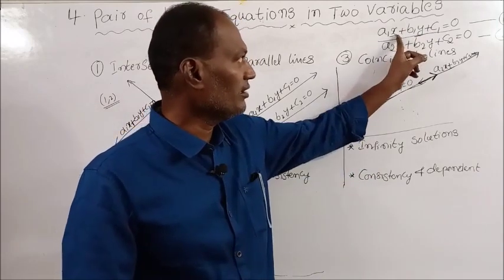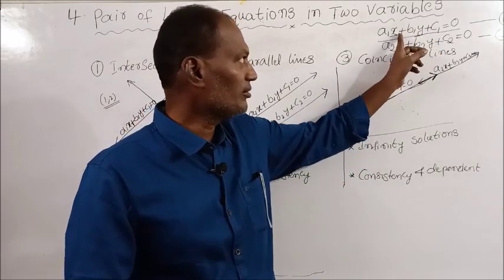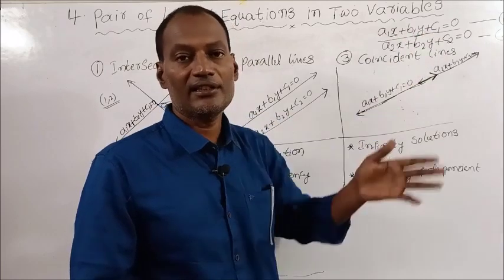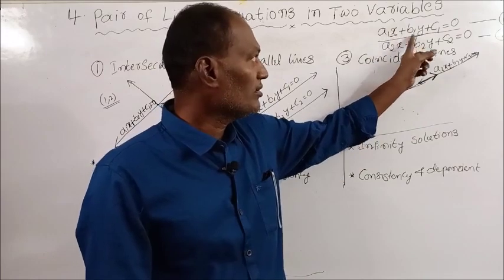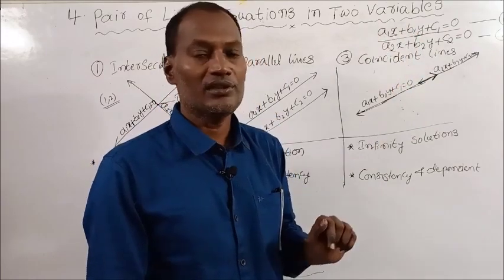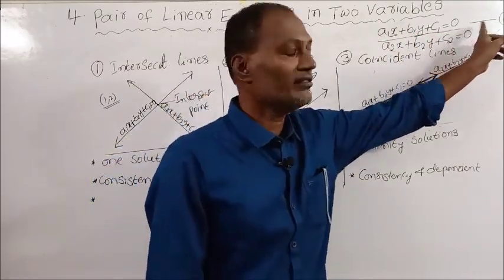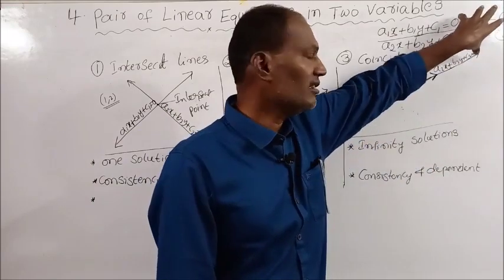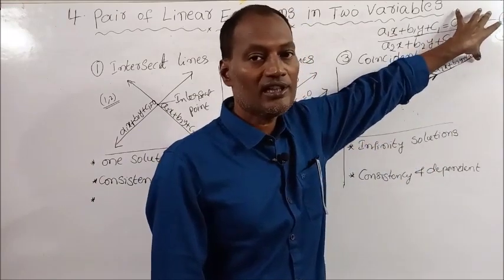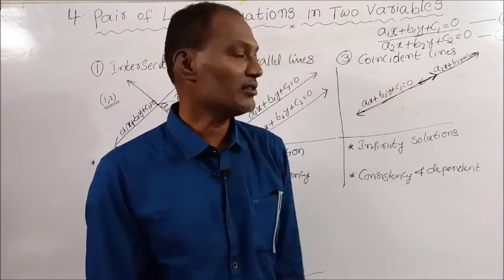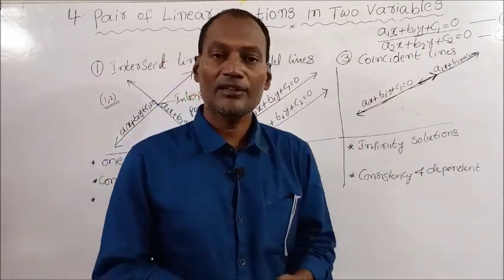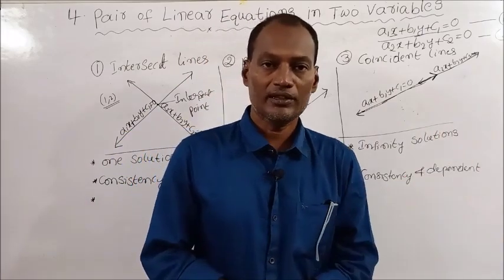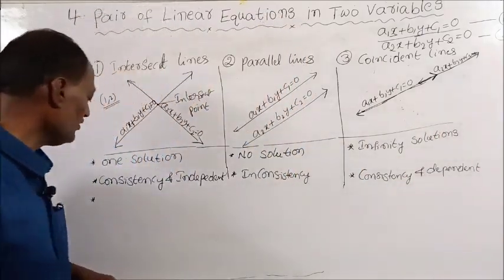These are two variables, that's why it is called two variables in this chapter. This is one linear equation, this is the second linear equation. Because there are two linear equations, it is called a pair of linear equations in two variables. We already discussed what the variable and the linear equation are.